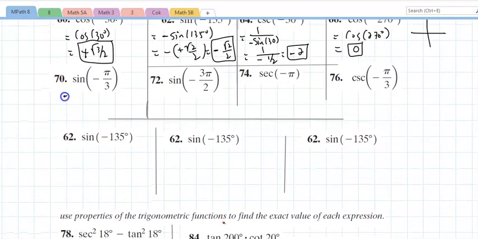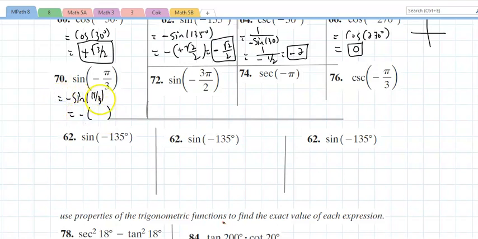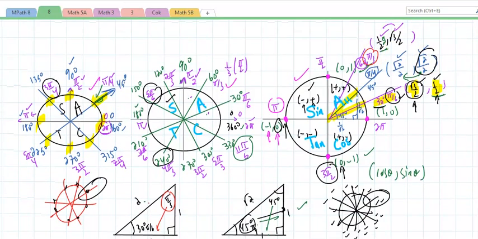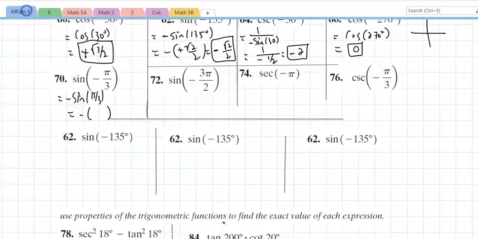How about this one? This is the sine of pi over 3. Well, that's negative, and the sine of pi over 3. I cluttered this, let me just clear it out a bit. Pi over 3 is right there, and sine is the opposite over the hypotenuse, or it's the y.